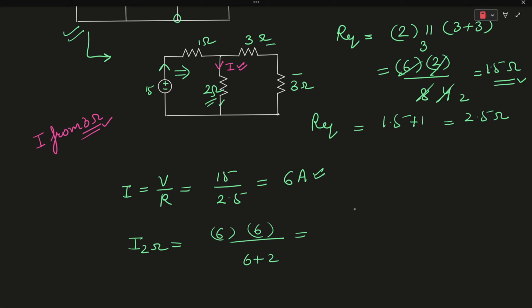So 6 sixes are 36 over 8, which will be equal to 4.5 amperes. So the current flowing through the 2 ohm resistor is 4.5 amperes.